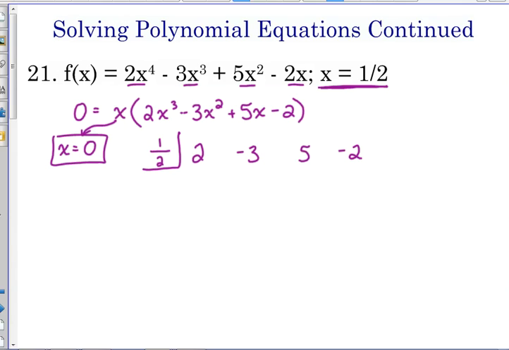So we're going to set that up. 1/2 is a solution to our equation, and it's given, but I'm going to rewrite it over here to the side just to remind myself, hey, I already have 2 out of my 4 solutions, 0 and 1/2.